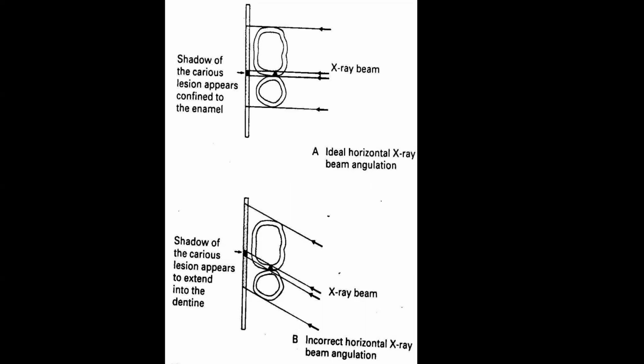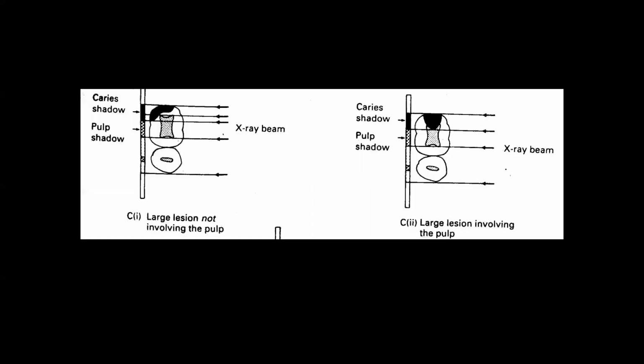In the second image, when the horizontal angulation is incorrect, we'll see the carious lesion confined to the enamel as extending into the dentine. That is because the X-ray beam first passes through the carious lesion on the enamel, then to the dentine, and then it falls on the radiograph. So we'll see a shadow of the carious lesion appearing to extend into the dentine. In this way, the exact picture of the carious lesion is not seen on the radiograph.